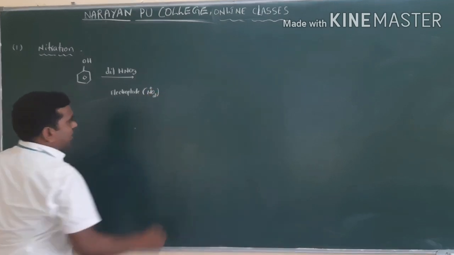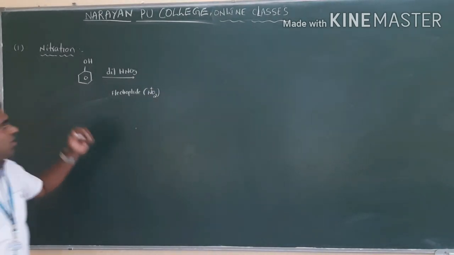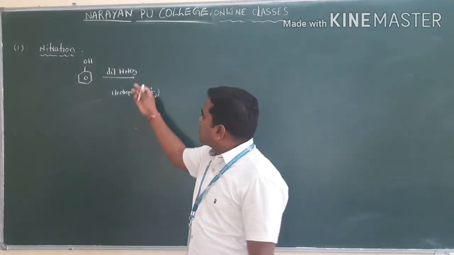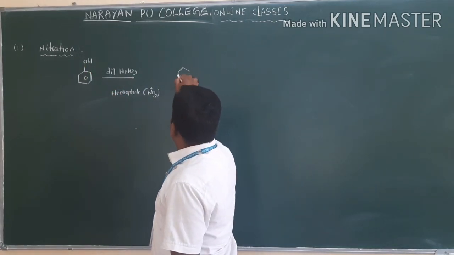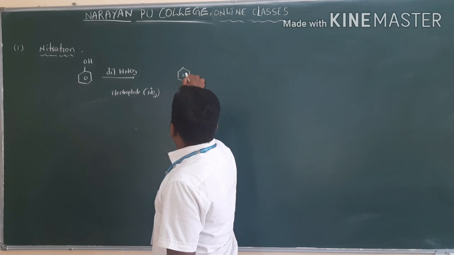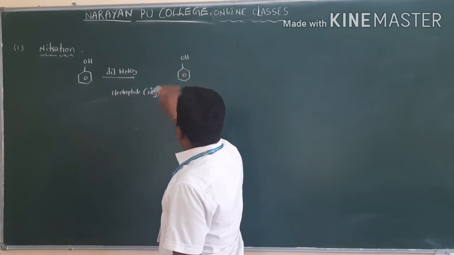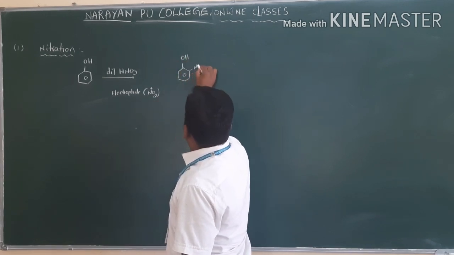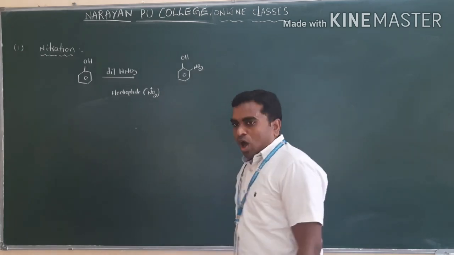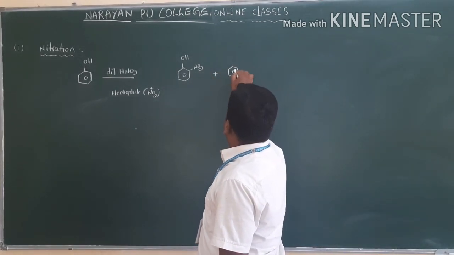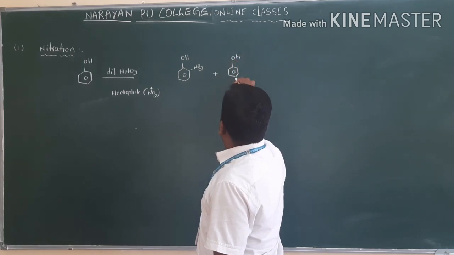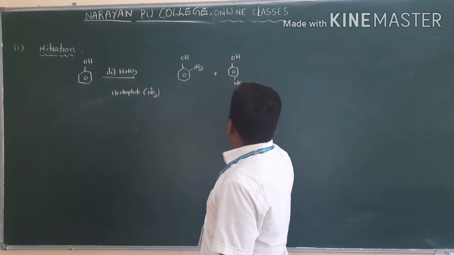So then what reaction takes place? OH activates the ortho and para positions, so that's why the NO2 electrophile will be substituted at the ortho position, and the second one is at the para position.